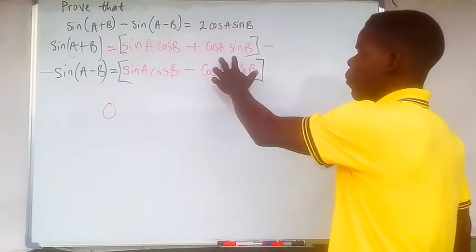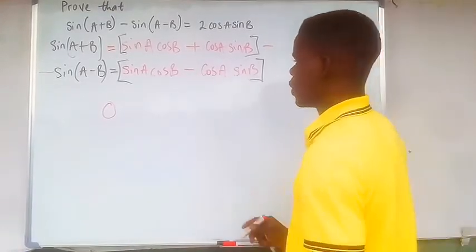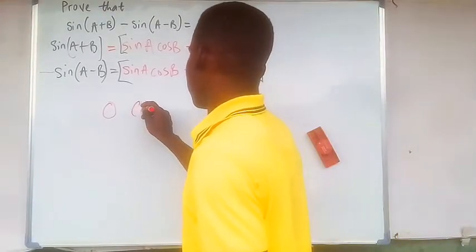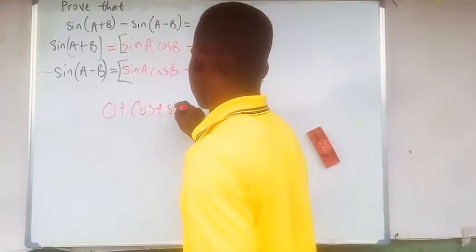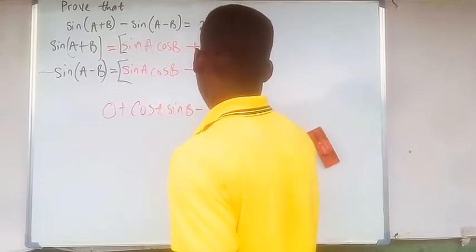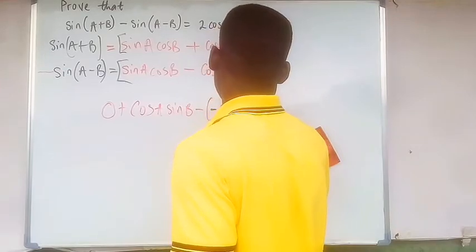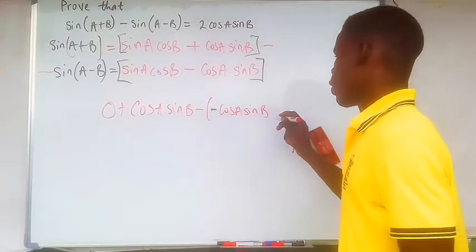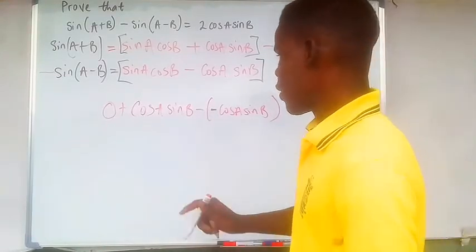We go again: positive cosine a sine b minus negative cosine a sine b. Here we have negative times negative, which resolves to positive.